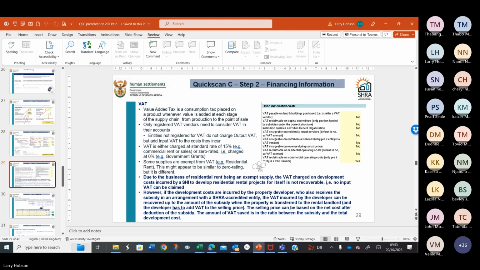So you'll see there's a significant benefit there. It's a good few million rand that can be saved. And that is because the government grants are zero rated.